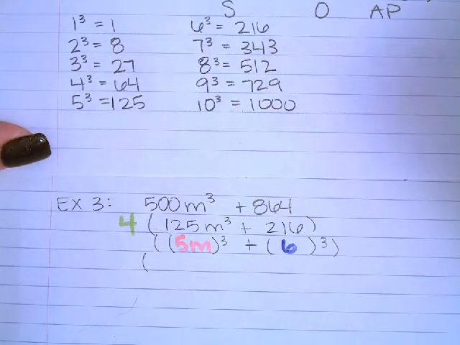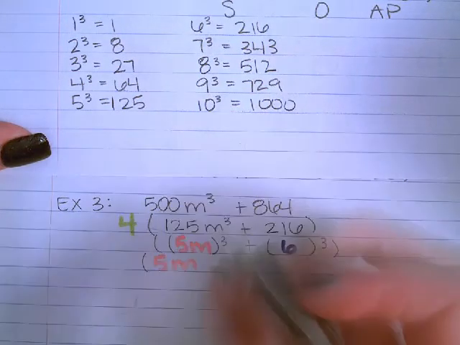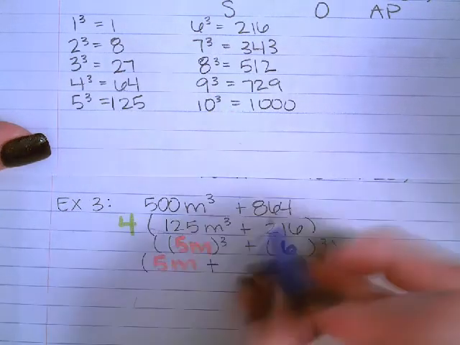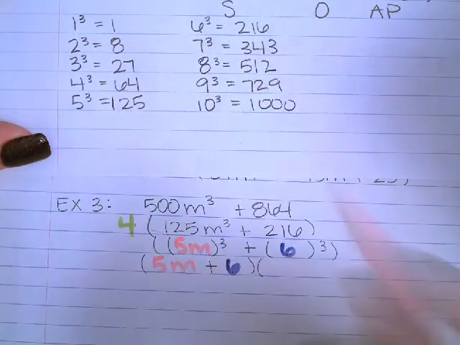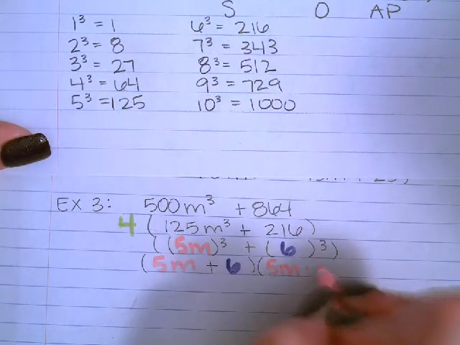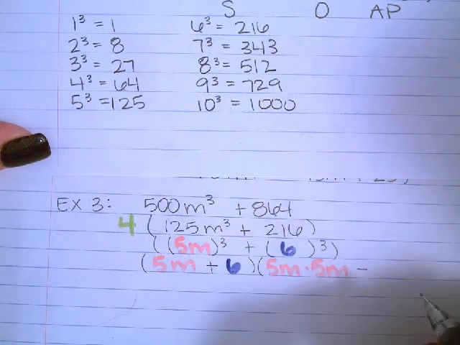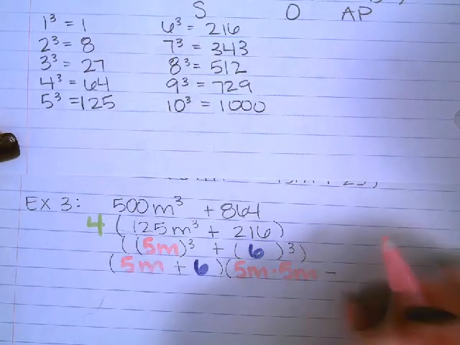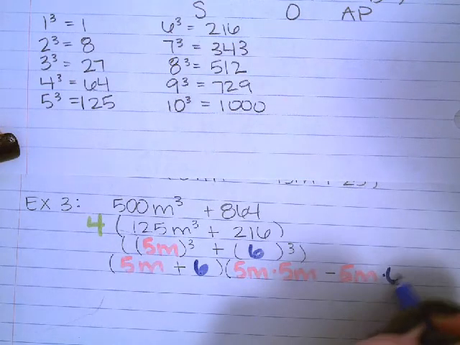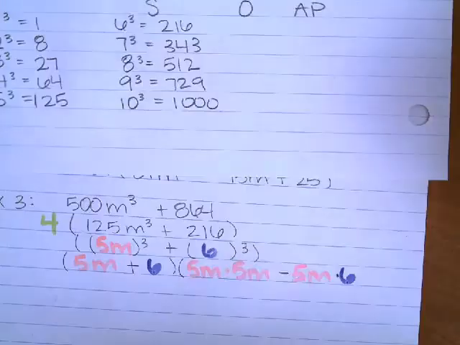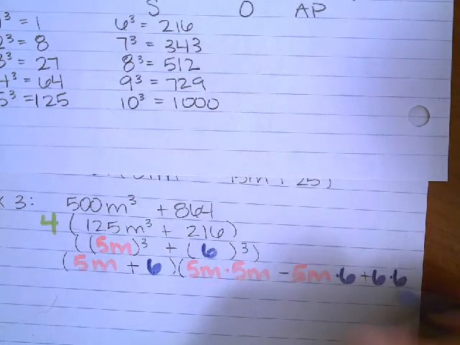I have A, keep the same sign, and B. And then I have A multiplied by itself. I do the opposite sign, and I do A multiplied by B, and then I have always positive, and B multiplied by itself.